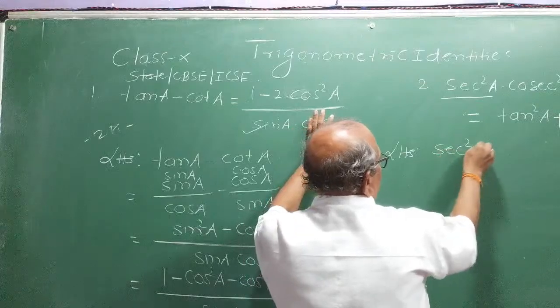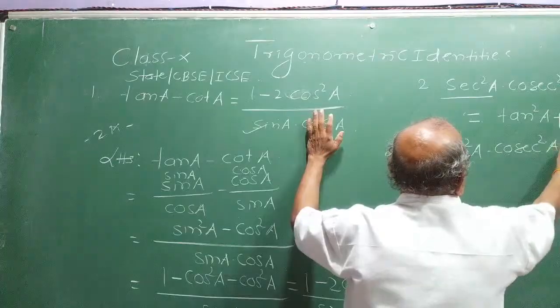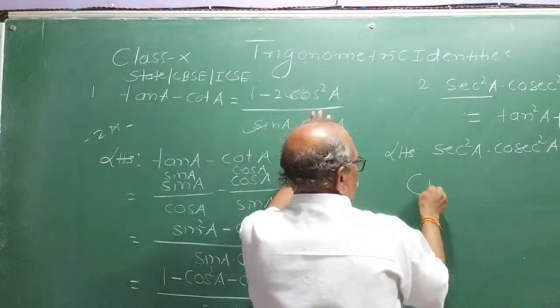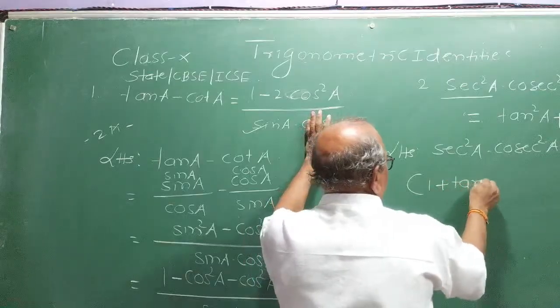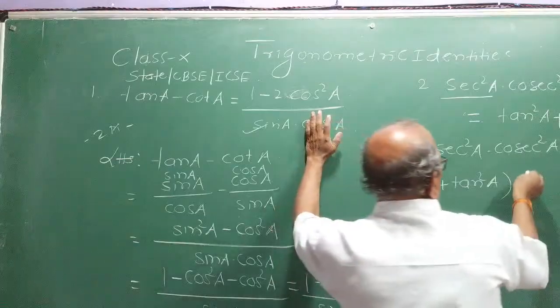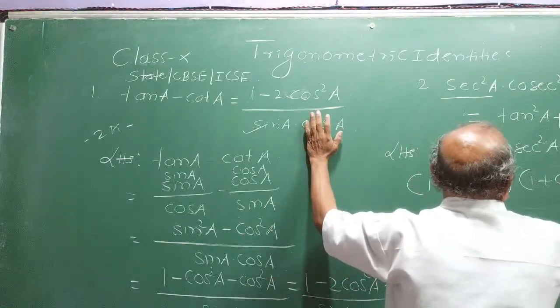Take LHS: sec square A into cosec square A. You know that 1 plus tan square A is sec square A, so sec square A can be written as 1 plus tan square A, and cosec square A is 1 plus cot square A. Very easy question.